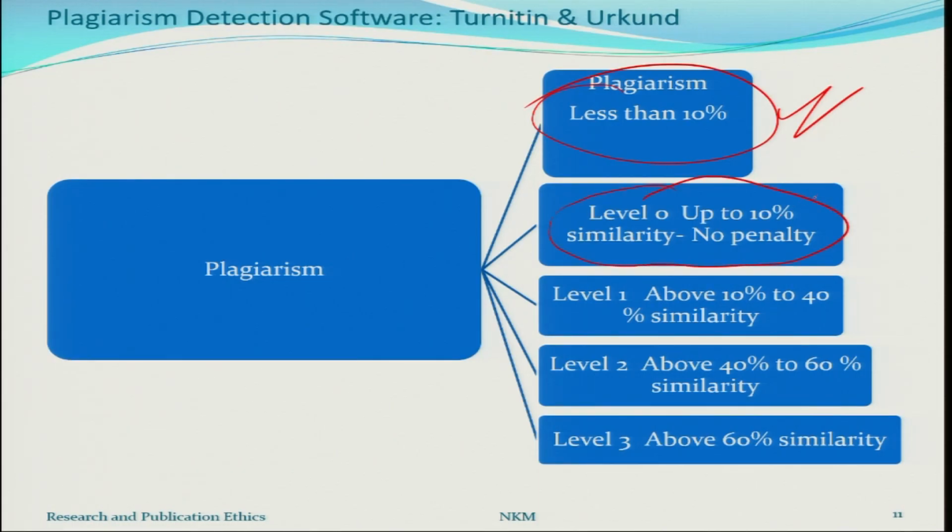Level 1 penalty is when you commit above 10% to 40% similarity. From 40 to 60% is called level 2 plagiarism, and level 3 plagiarism takes place when the similarity level is above 60%. Accordingly there are certain academic actions that can be taken against the researcher or the guide, depending on the level of similarity, as we have already discussed.